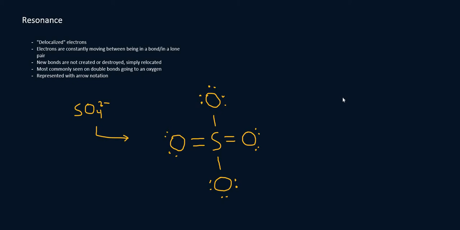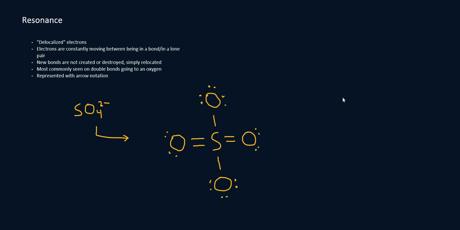You want to think of them alternating between being in a lone pair and a bond. If there's an opportunity for a lone pair to become a new bond, it's going to take it, and so on and so forth. But bonds aren't created or destroyed, they're simply relocated.